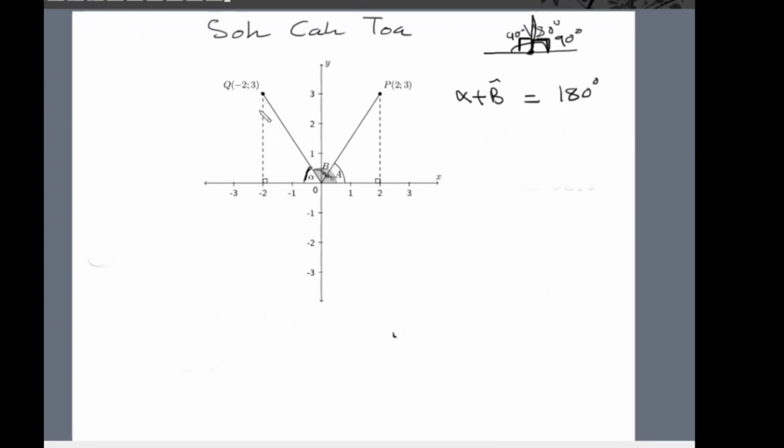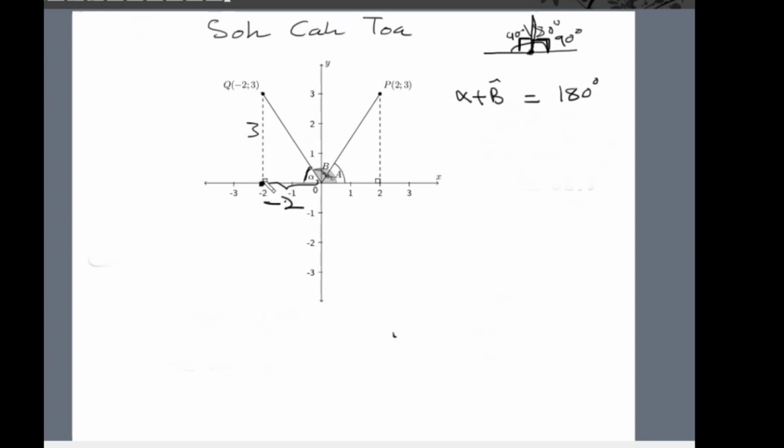Again, notice with the triangle, the length of this dotted line is 3, right? And then the length of that one is 2. But for calculation purposes, because we are in the second quadrant, that one is -2.